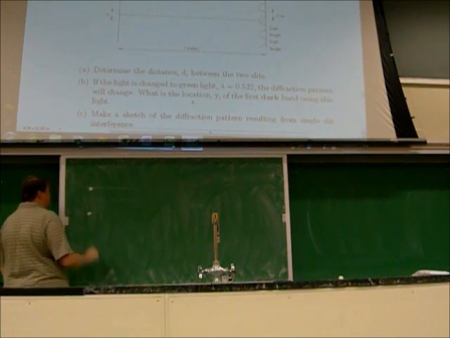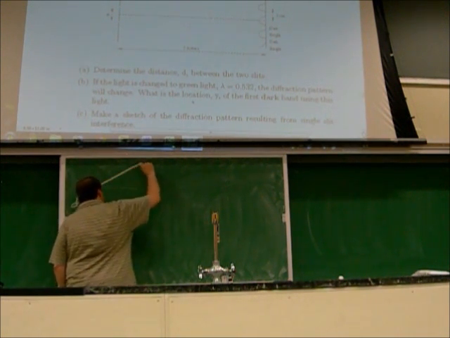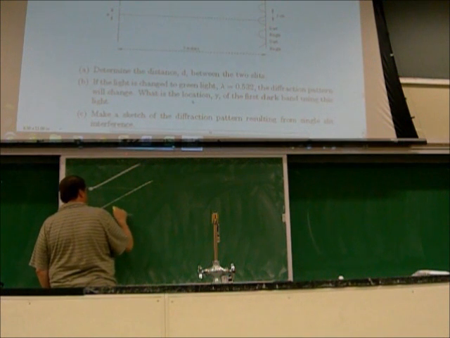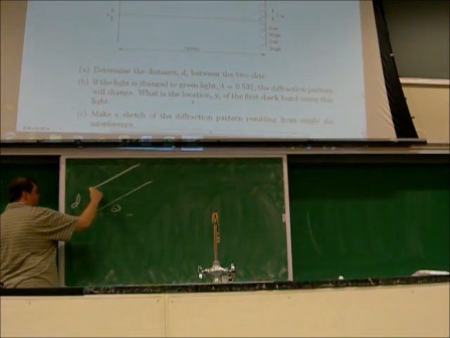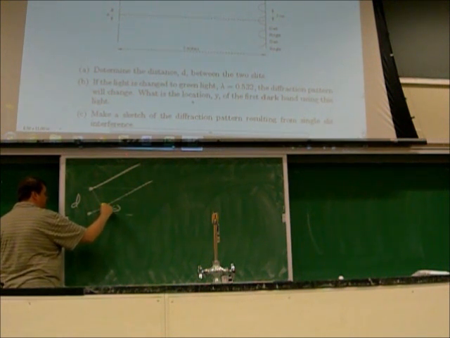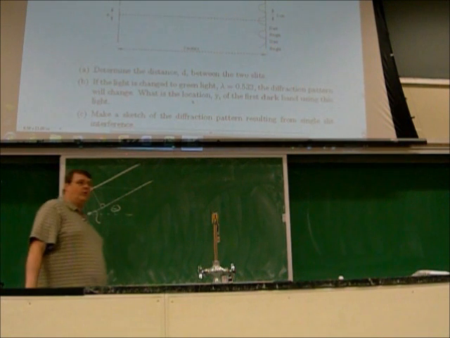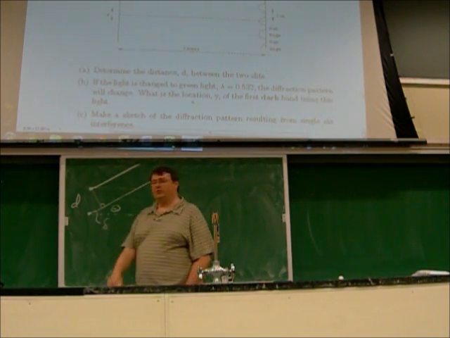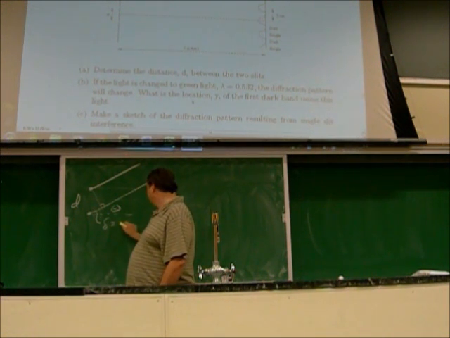You have 2 point sources separated by D. And you look out here at an angle theta. The far field approximation allows this to be perpendicular, so that that side there, we have recently started calling that delta, is equal to what? X sine theta.